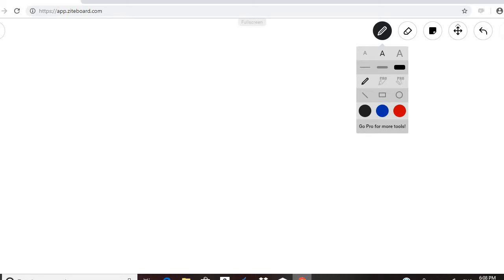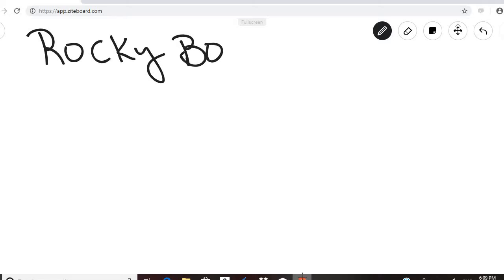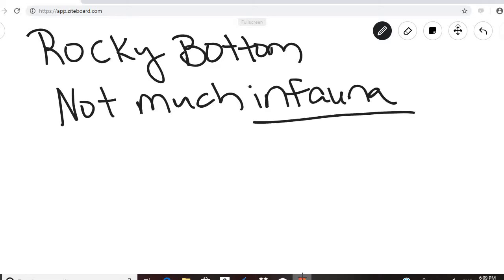So as you can imagine, because it is a rocky bottom, there is very little infauna because they just can't burrow in very well into a rocky or hard substrate.